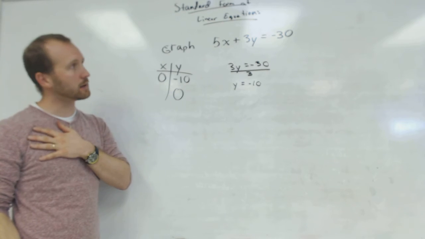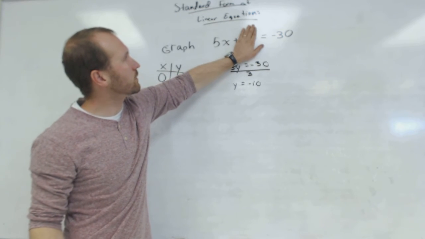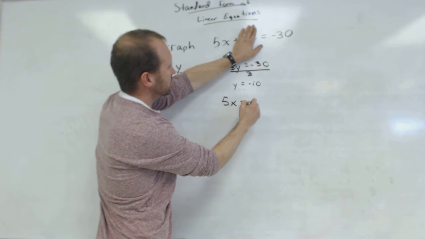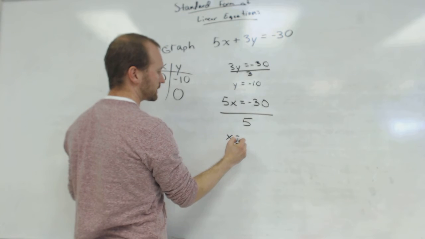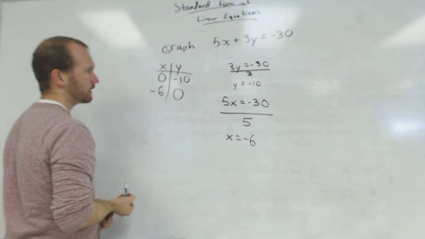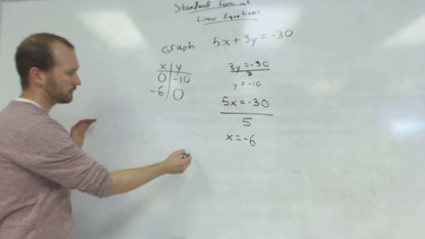Okay, now what's my next step? Now I'm going to ignore the 3y. So what do I have if I ignore the 3y? 5x equals negative 30. Divide by 5. X equals negative 6. Okay, I have 2 points. How do I graph them?